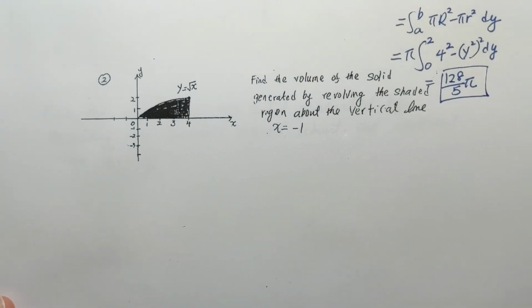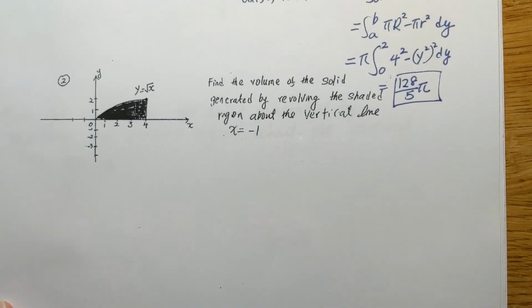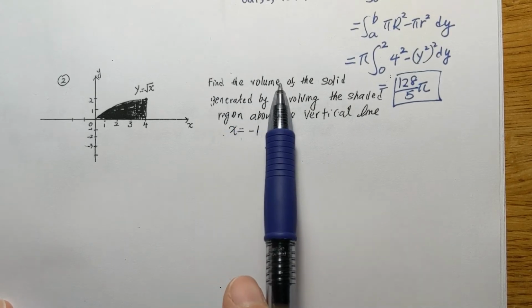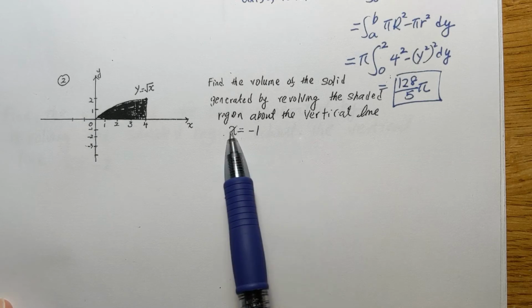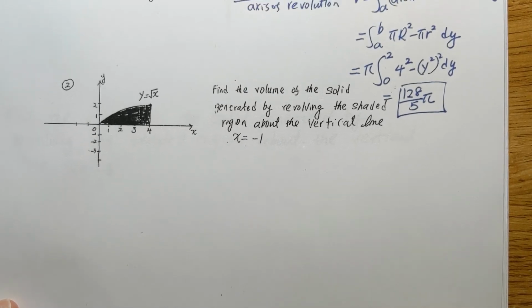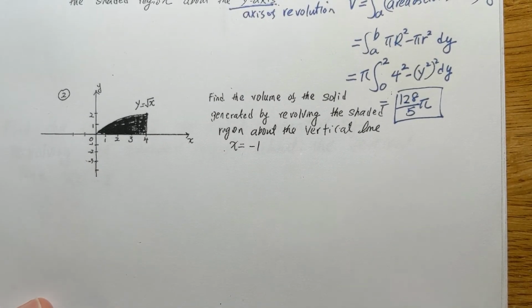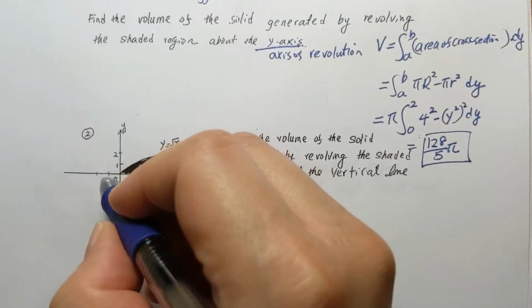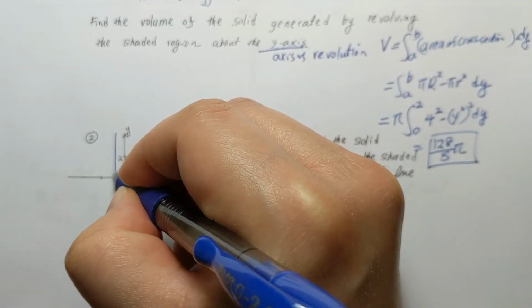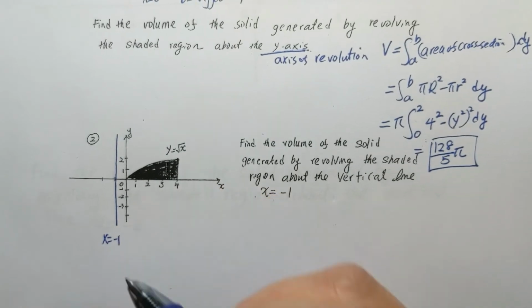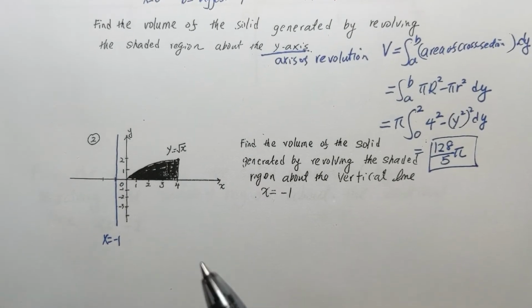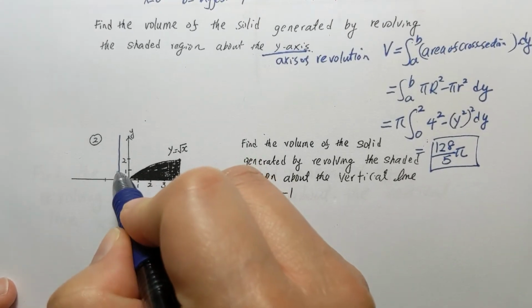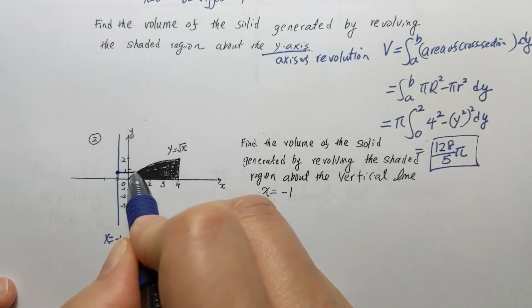Now let's take a look at question number 2. Find the volume of the solid generated by revolving the shaded region about the vertical line x equal to -1. Then we have to draw the line x equal to -1. So here's -1, so we're going to draw the vertical line x equal to -1. Now the shaded region is the same one over here. So now we are going to put a dot over here, and then we hit the first curve.